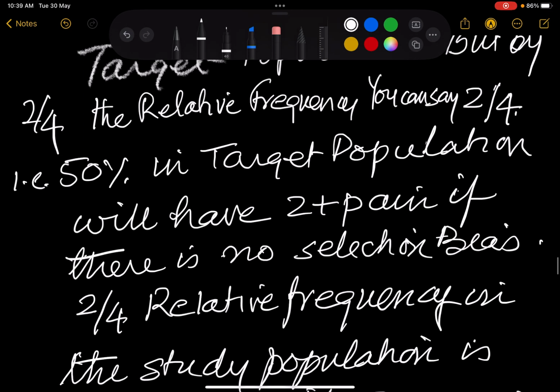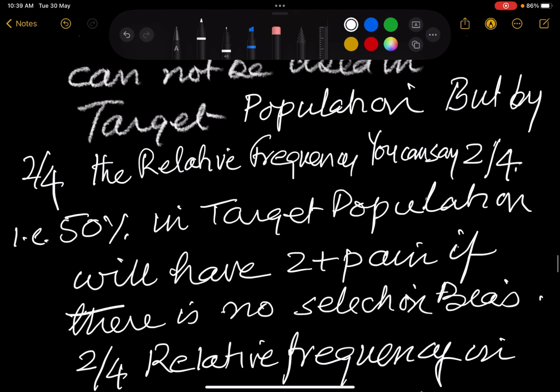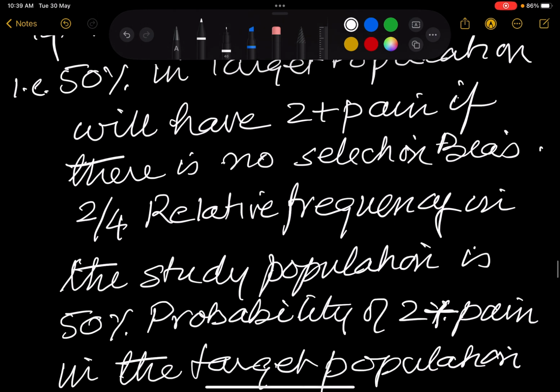So this we have covered that 2 upon 4, 50% is the relative frequency in the study population. But saying that 50% will have 2 plus pain or less is the probability in the target population. So relative frequency in the study population is the probability in the target population. That formula you must remember.